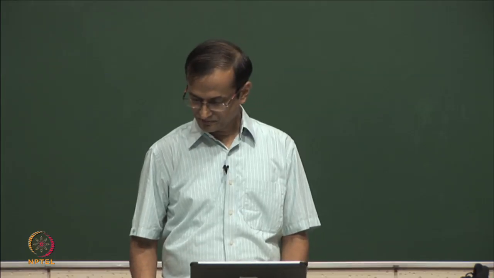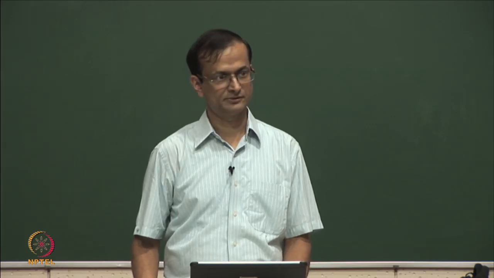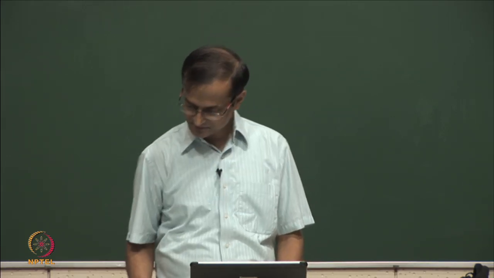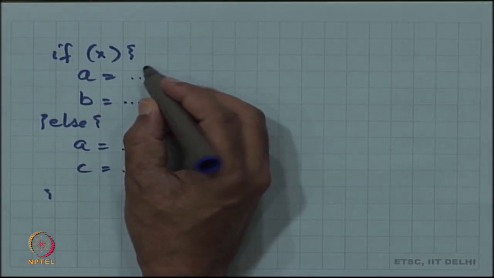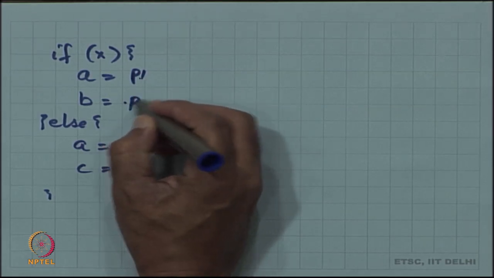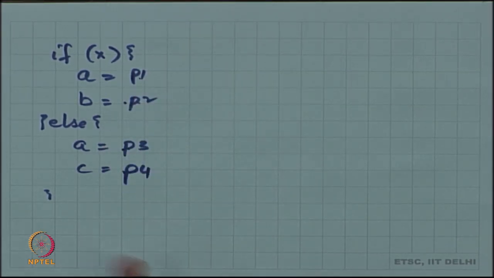Now, what kind of mux it is, and what do we have at the inputs and outputs of the mux? Let us say P1, P2, P3, P4 represent some expressions that are being evaluated. But we want to see the impact of these assignments.